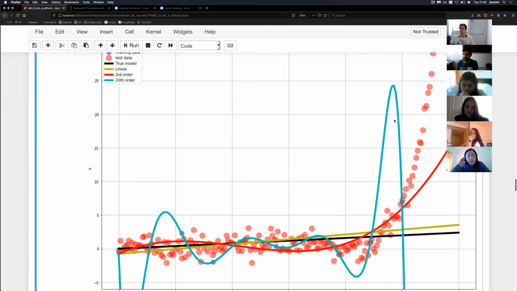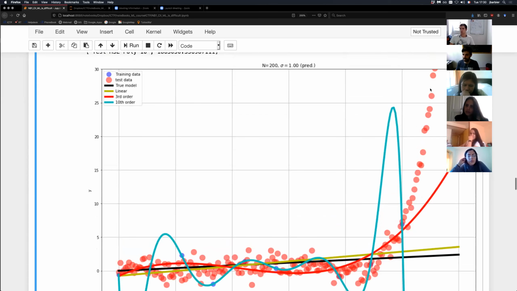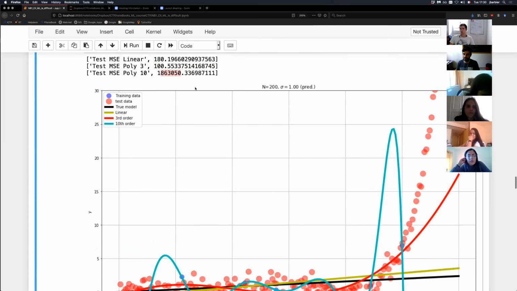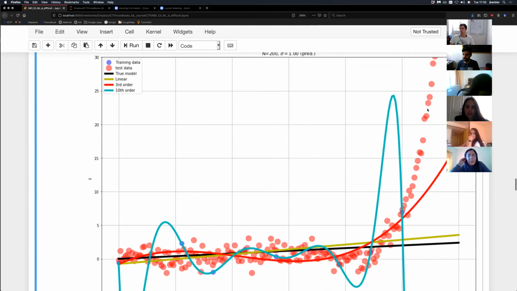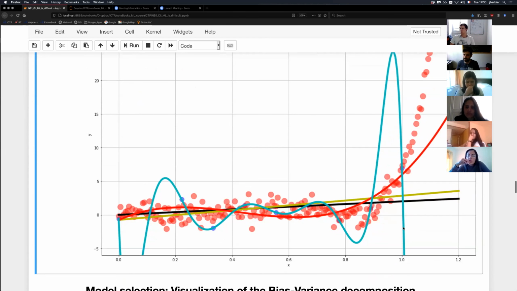We fitted coefficients that give us something completely wrong outside of this range, and therefore the error, this number, the test error, is dominated by the discrepancy between what we should predict, which is there, and what we actually predict.